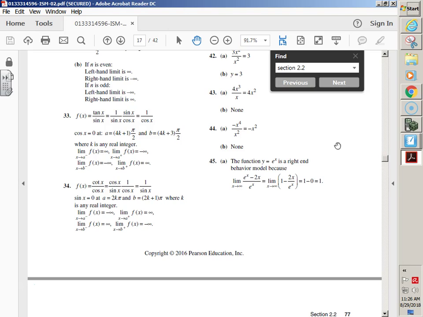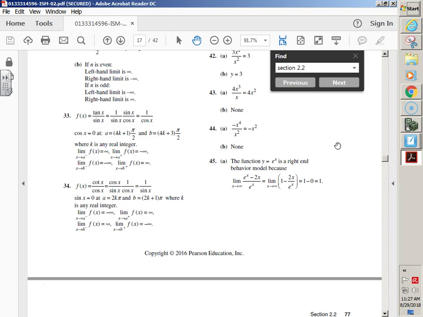What does it take to have a horizontal asymptote? When do you have horizontal asymptotes? When the degree of the bottom is greater or they're tied. Good.